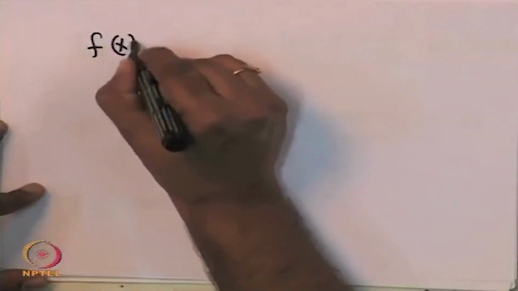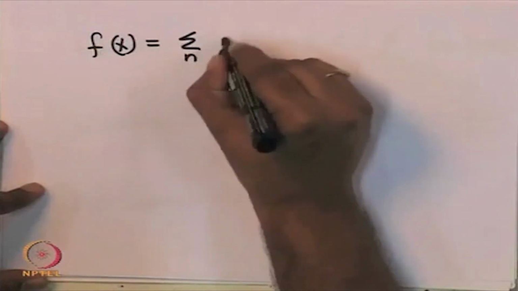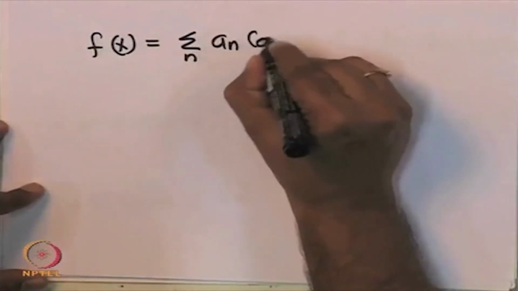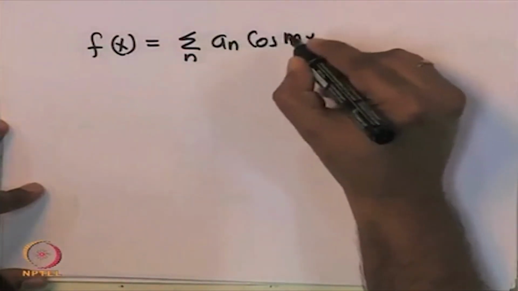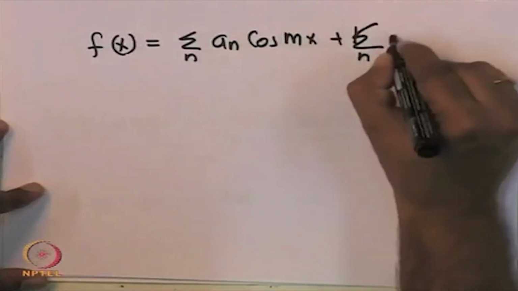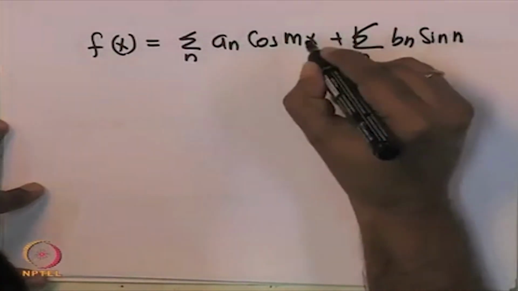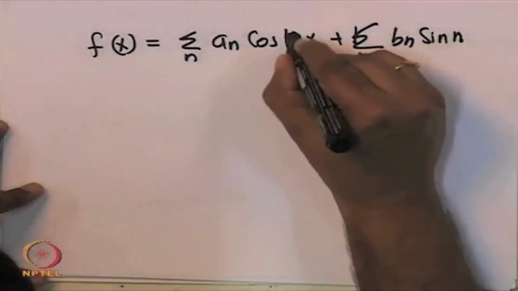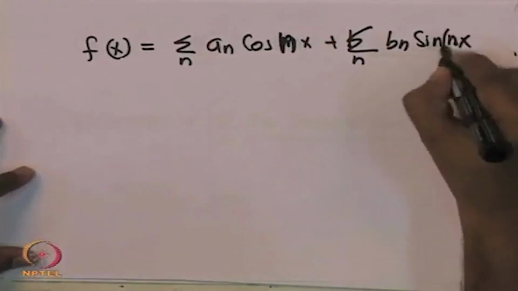So, similarly, f(x) is equal to the sum over n of a_n cos nx plus the sum over n of b_n sin nx, here cos nx and sin nx.